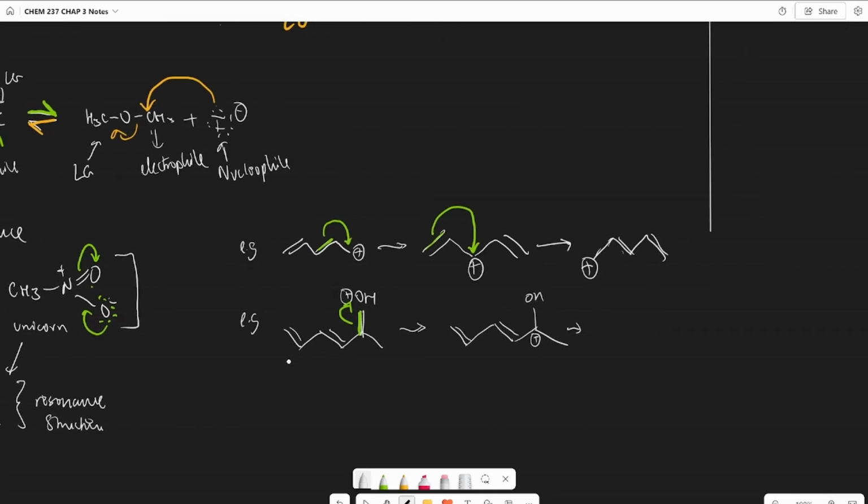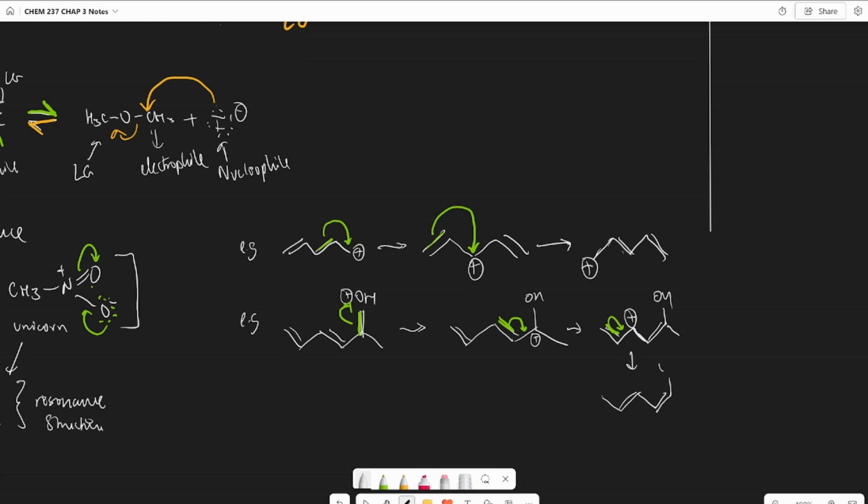Next, what will happen is the double bond from here moves down here, so you'd get something like this. And the double bond that was here, same thing, just moves forward to the carbon, and you're left with this.